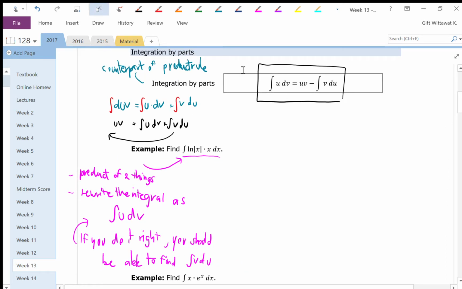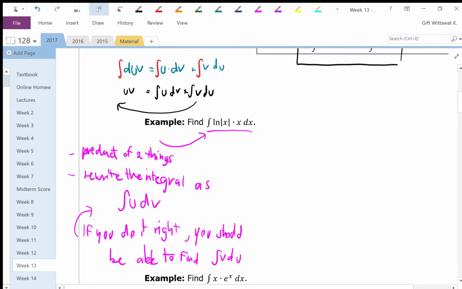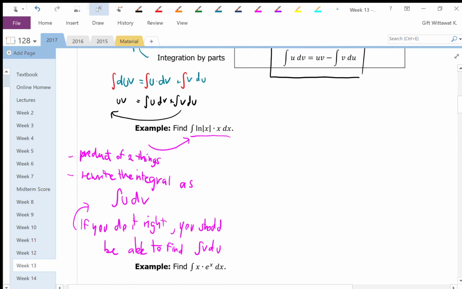So when you use integration by parts, you will actually change one integral to another. And hopefully, by doing so, you reduce the problem. You should encounter something that is easier to compute. So that's the key idea of integration by parts.